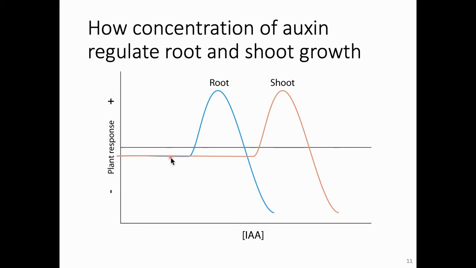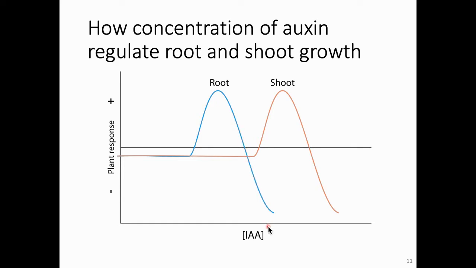At a certain concentration, the root will start to respond in a positive way, and this is a lower concentration compared to what the shoot needs. And at higher concentrations in the root, beyond this point, the root will not respond to higher auxin in a more positive way.